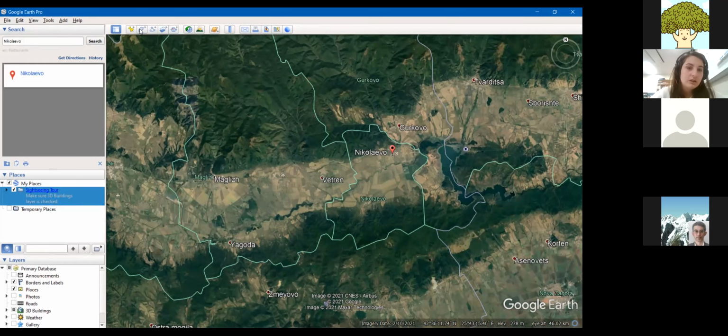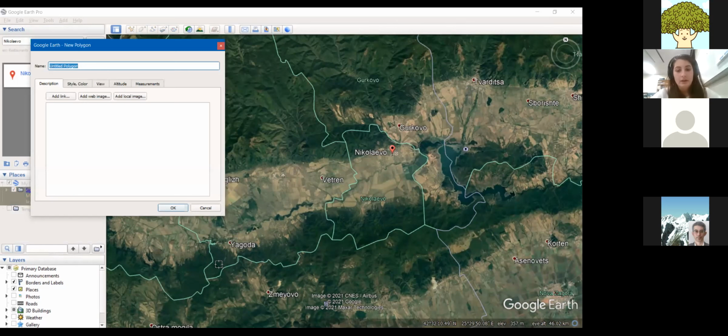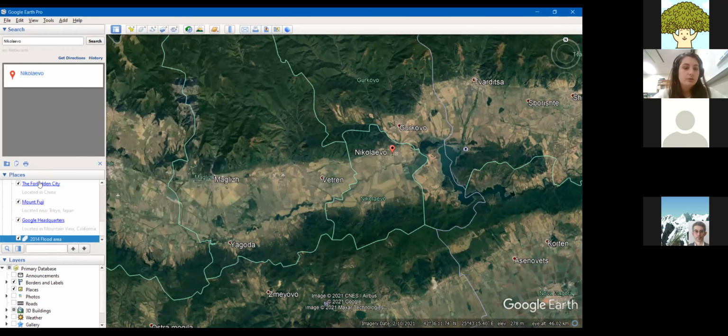So to measure this, I would create a polygon. Again, I would change the name to 2014, let's say. Oh, I forgot to mention, this is a flood affected area. In my country, floods are probably the biggest natural disaster. So I create a polygon with this name.